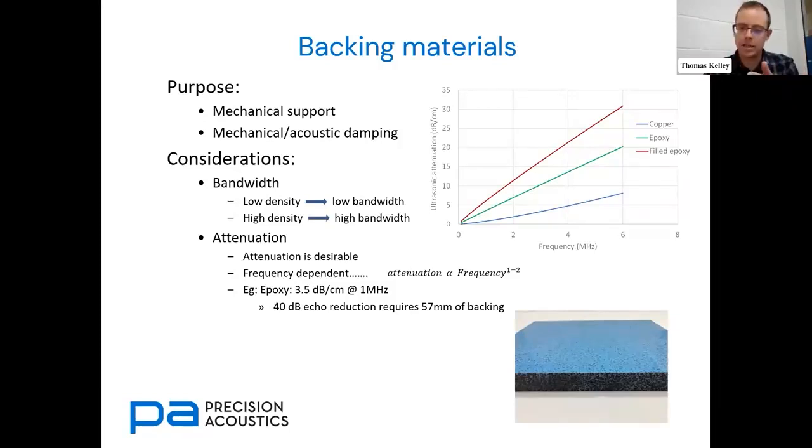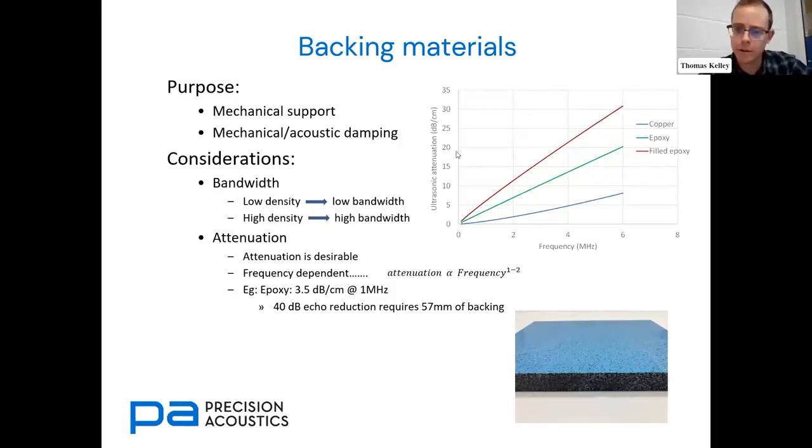So it can resonate in the backing and end up going in the forwards direction, which you may think you could use to your advantage, but typically it's very difficult to control, and any energy going into the backing, you typically want to stay in the backing and never come back out. So we need to consider the acoustic properties of the backing as well as the mechanical properties very carefully.